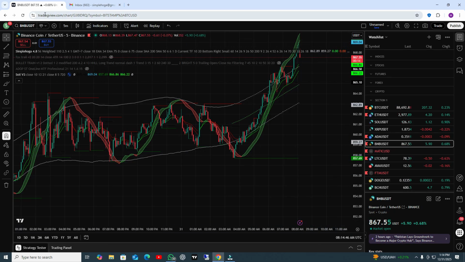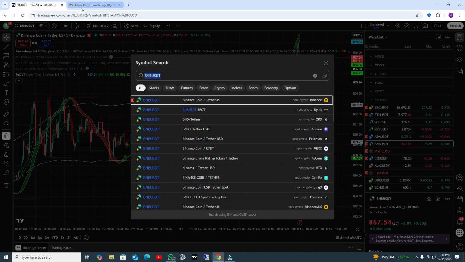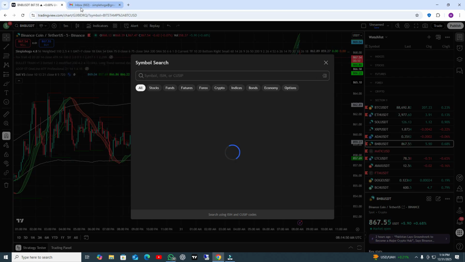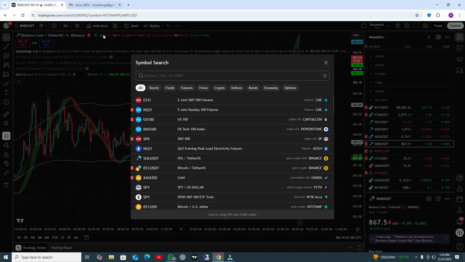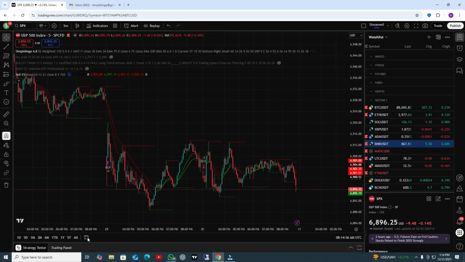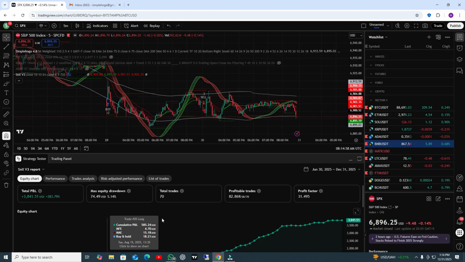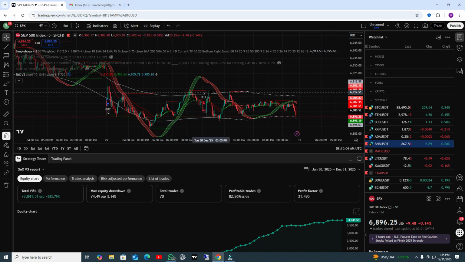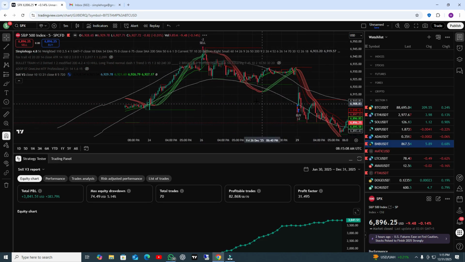If you want to see the results in some other pairs, let me show you SPX. Go to the strategy tester, and it's around 82.83%. That is awesome. Not bad at all.